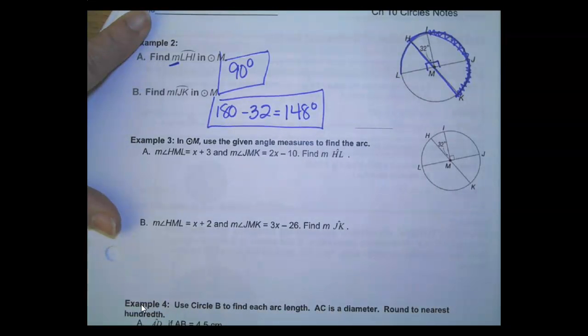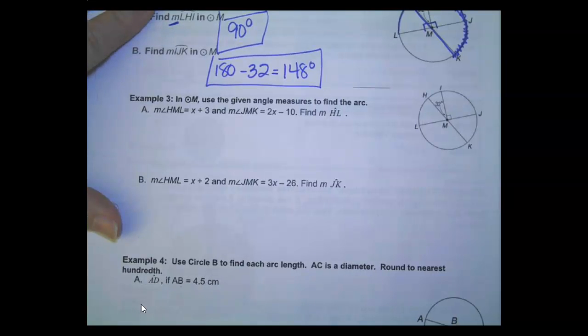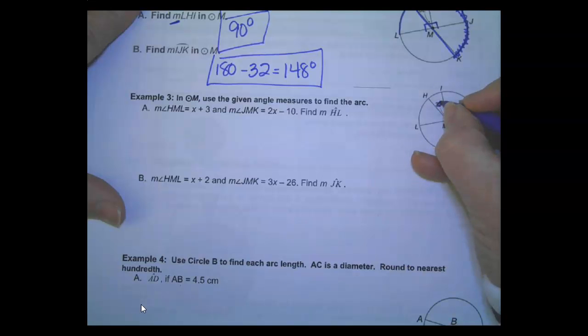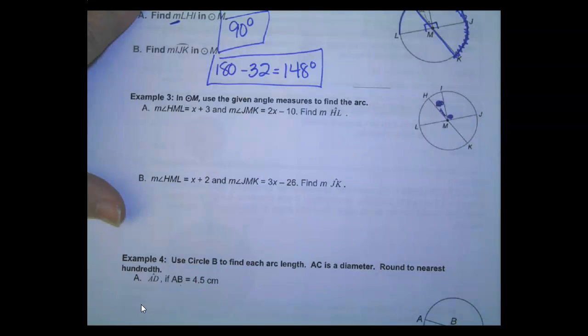Okay. And now we're going to find the arc length. I'm going to get rid of these. I don't want you to see any of these things. Pretend like they don't exist. We don't know these things. Okay? So, measure of HML.